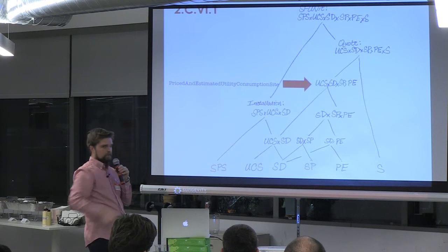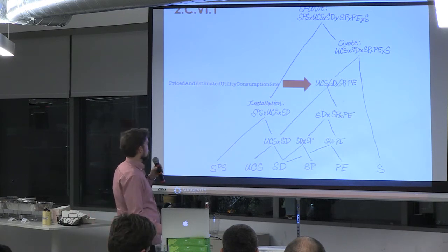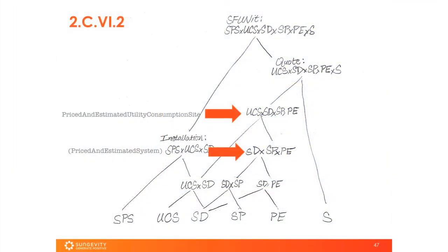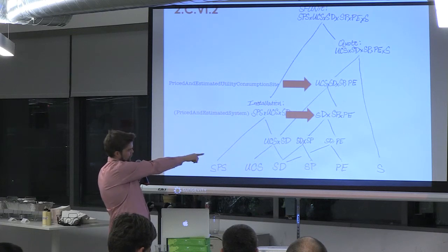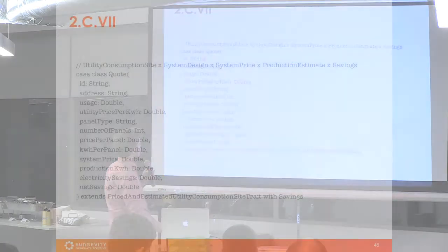This is the input to the savings operation, which presumably might be really expensive or something. We might have to do that asynchronously. So if we would name other products of this grammar, we could say priced and estimated system would be one of those. And you could label any vertex here.